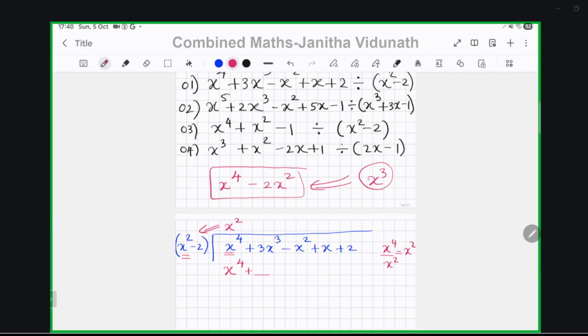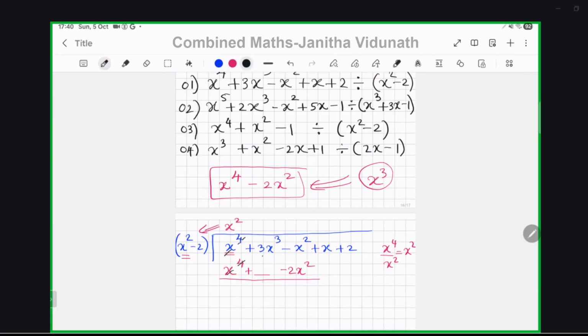Then, we have minus 2x cube. Why do we put a blank here? Because to keep each corresponding column aligned correctly. That is why we put a bracket here. Then we need to subtract those two terms. Then it will cancel out x to the power 4.